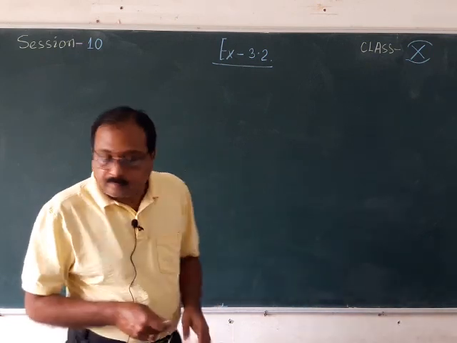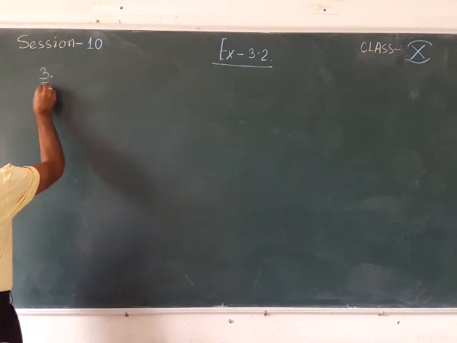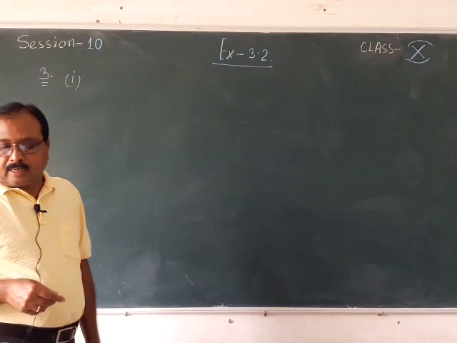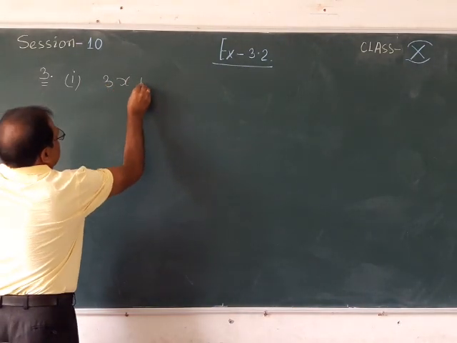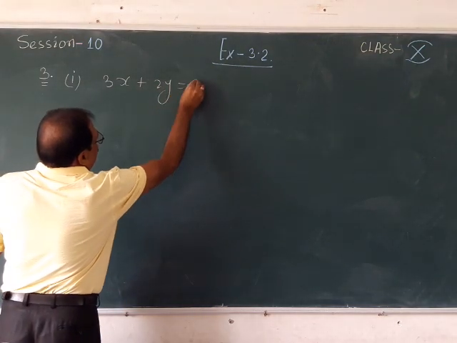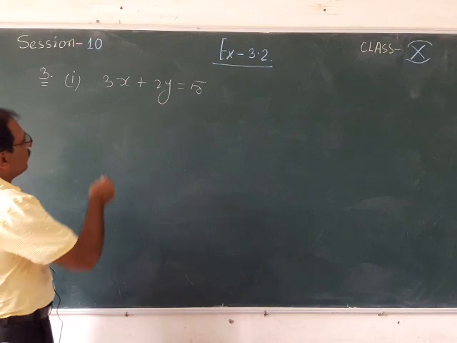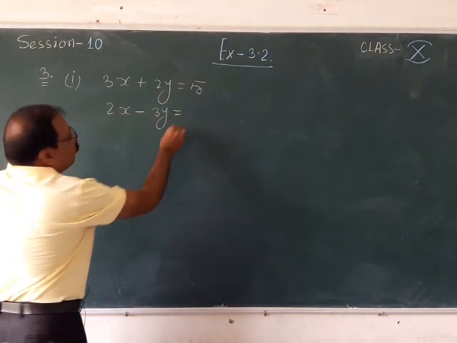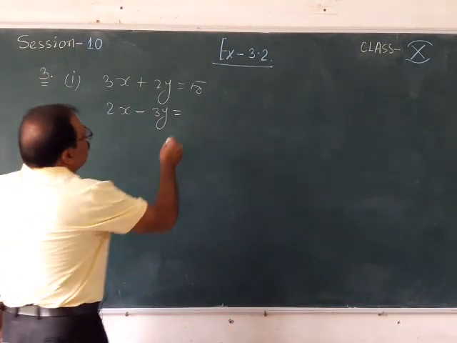So here, keeping these things in mind, you have to start question number 3.1. The question is 3x plus 2y equal to 5. This is the first equation, and the second equation is 2x minus 3y equal to 7.